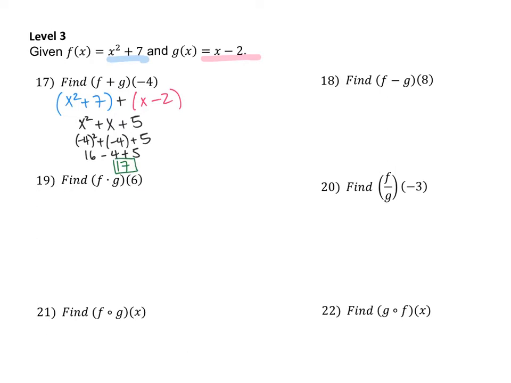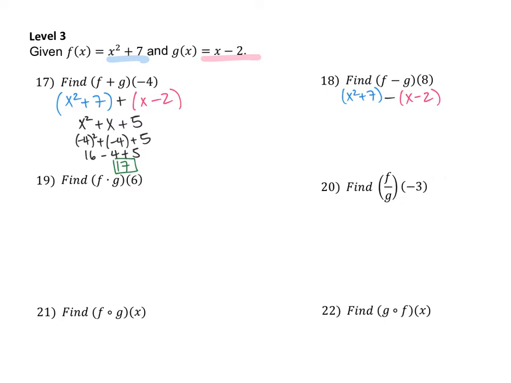All right, let's check out the next problem. So this one is a subtraction problem. So I'm going to start by taking my f, which is x squared plus 7. And I'm going to subtract it from my g, which is x minus 2. And so when I have subtraction, it's really important to use parentheses or else you might forget to distribute that sign.